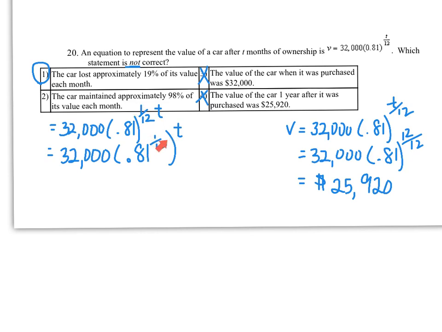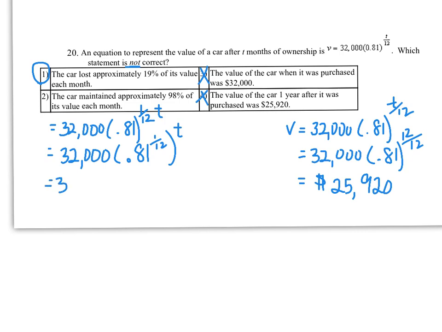So this way here is just another way of writing 1/12 T, like what I have up here. But the reason why we do that is because I can find the value of 0.81 to the 1/12 power in my calculator, and that may help us figure out the value that the car is maintaining each month.